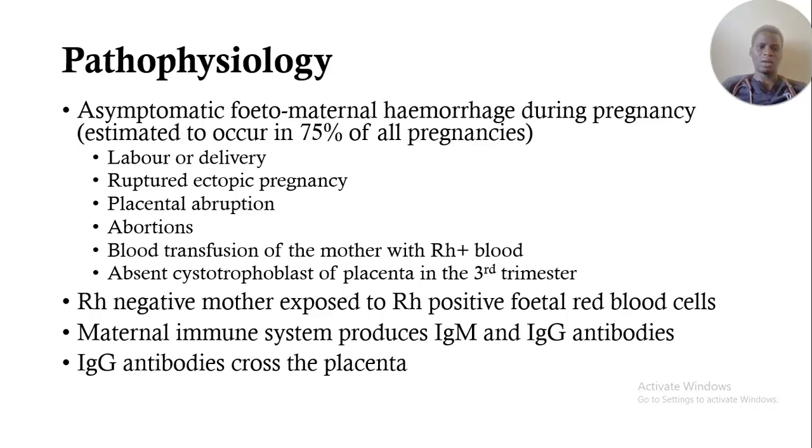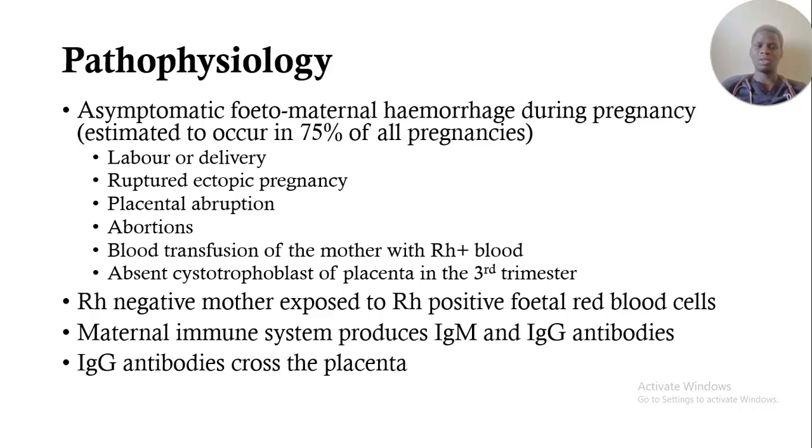So this mixing causes what we call sensitization. The maternal immune system will react by producing IgM and IgG antibodies against the rhesus positive fetal red blood cells which were exposed to the maternal circulation.